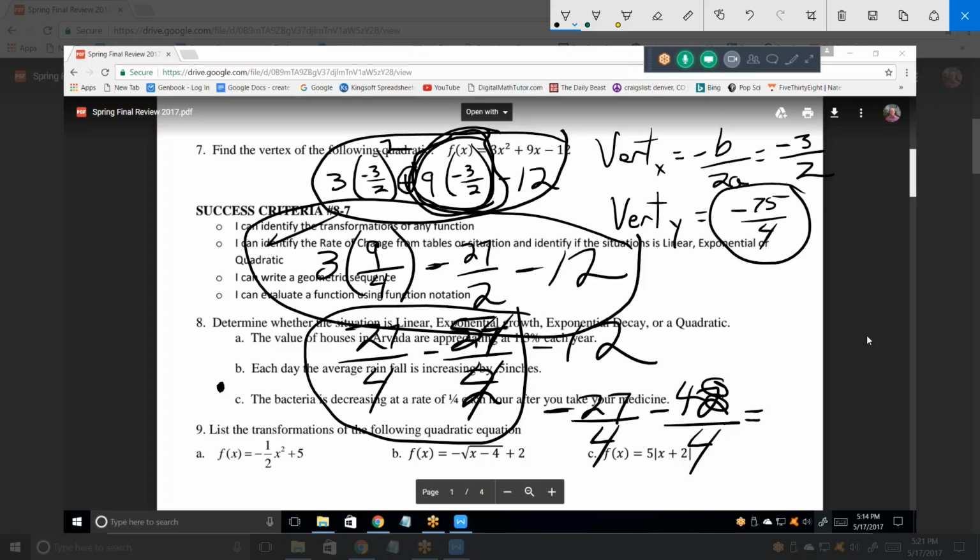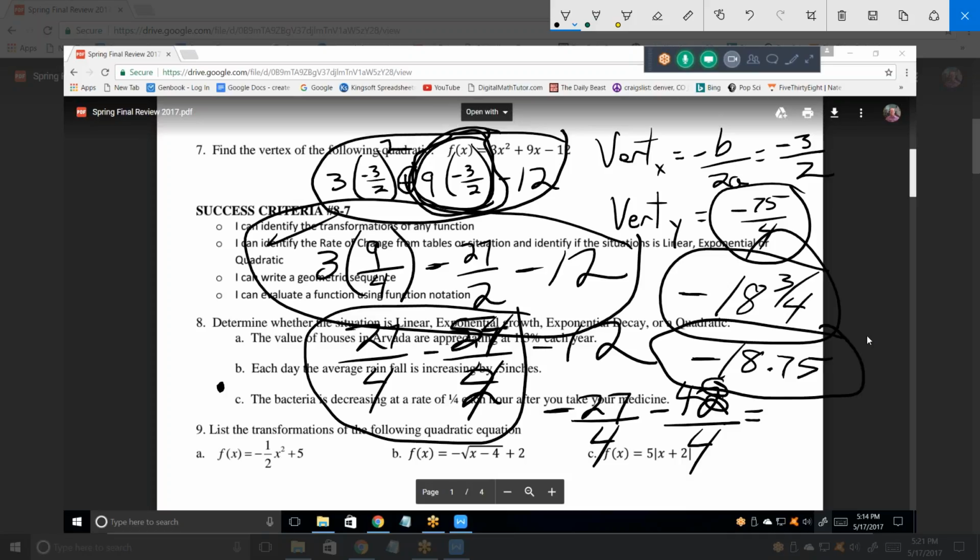Do you know how to take a decimal answer and turn it into a fraction? I do not. Well, that's the problem with depending on a calculator, is that you have to know what fraction that is. That turns out to be minus 18 3/4, which is minus 18.75.